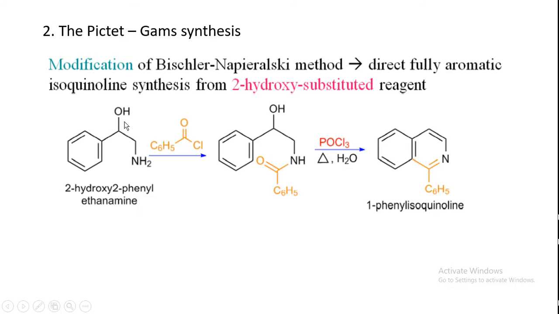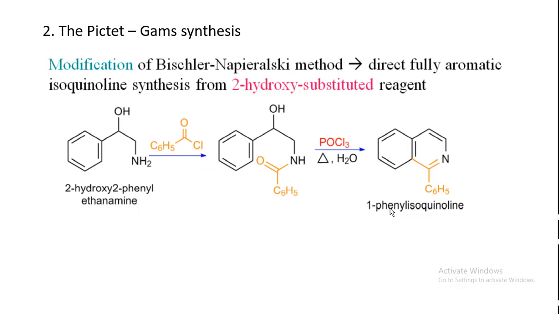Earlier we used 2-aryl ethanamine, but here it is 2-hydroxy 2-phenyl ethanamine. In the presence of C6H5COCl it gives the amide, and in the presence of POCl3 it loses one molecule of water and cyclizes to give 1-phenyl isoquinoline.